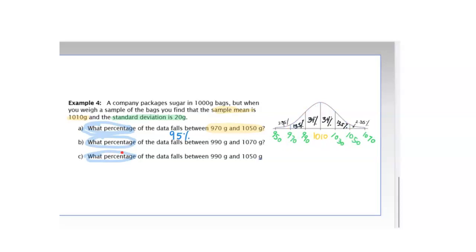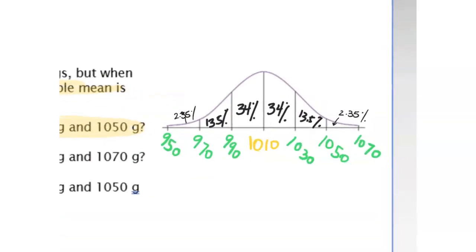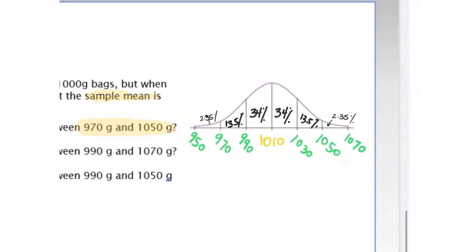All right, part B. What percentage of the data falls between 990 grams and 1,070 grams? 990 grams is located here. And 1070 is here. If we're looking to figure out what percentage of the data falls between those intervals, once again, we can go ahead and highlight them. So from 990 all the way to our 1070.